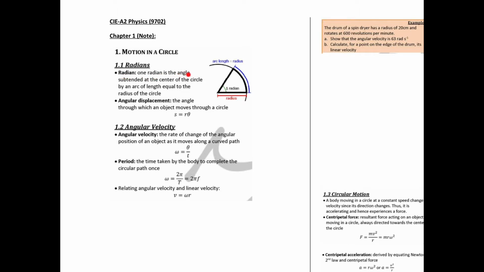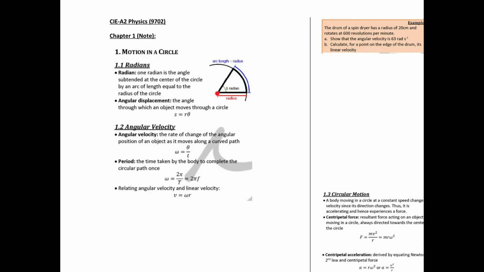1 radian is the angle subtended at the center of the circle by an arc of length equal to the radius of the circle. So it is the explanation on the meaning of 1 radian.